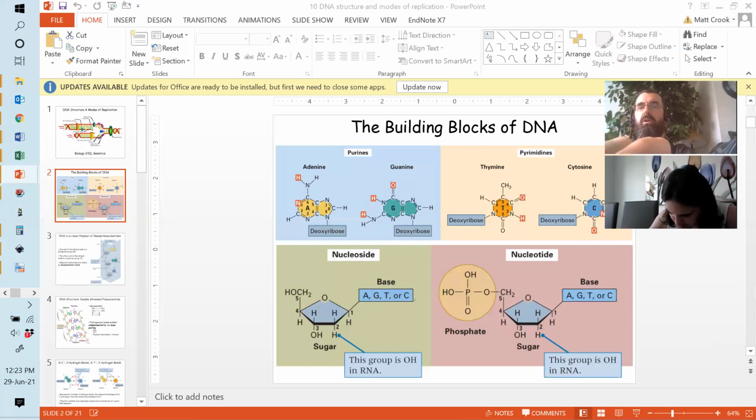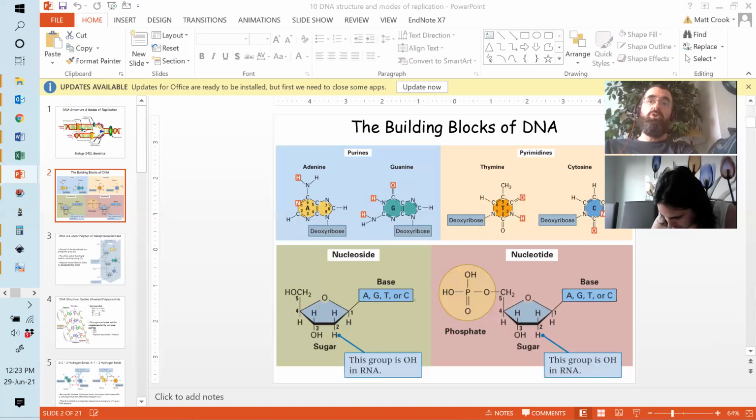The 3' OH, where 3' equals the number, is the one used for extension of DNA or RNA strands.